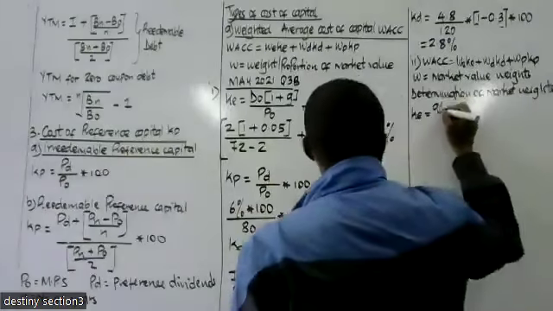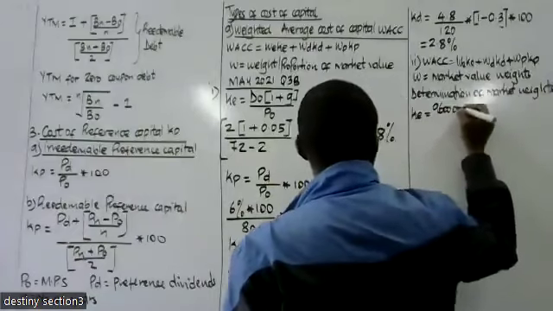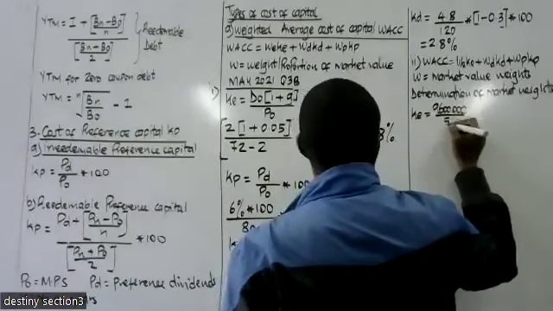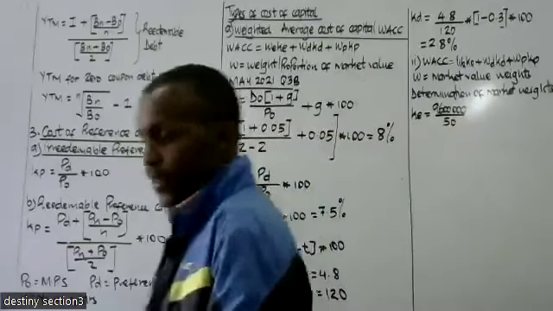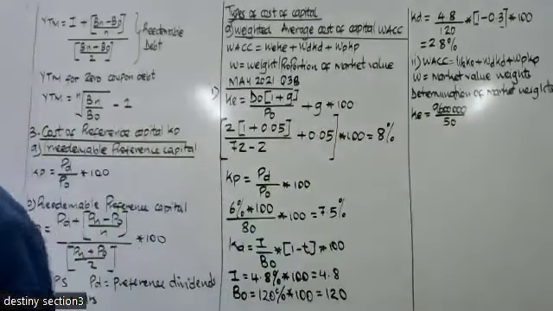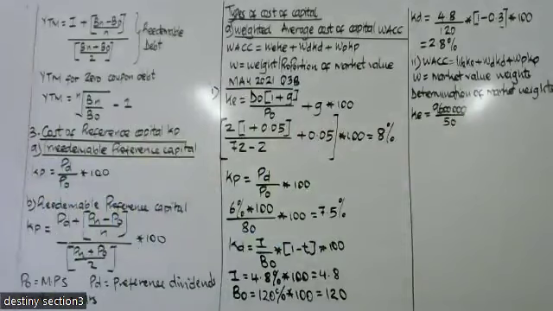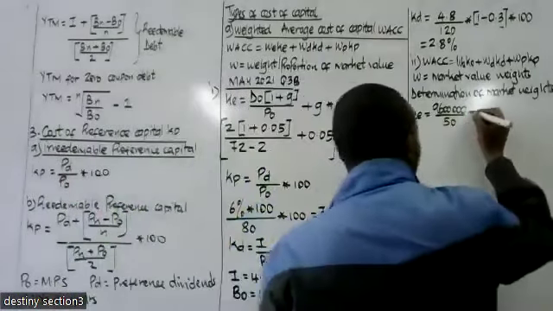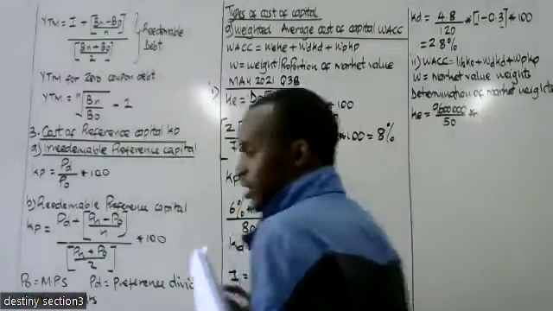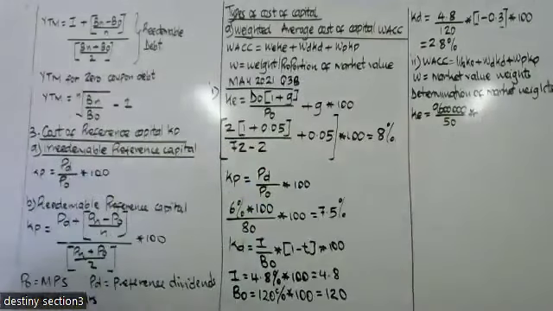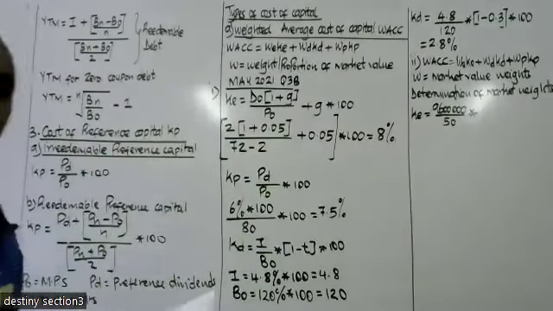So we take 9.6 million and divide by 50. That will give you the number of ordinary shares. Then you multiply by the market price per share.